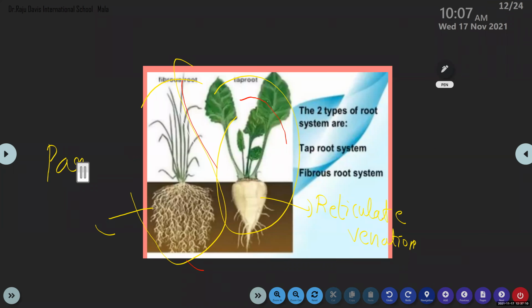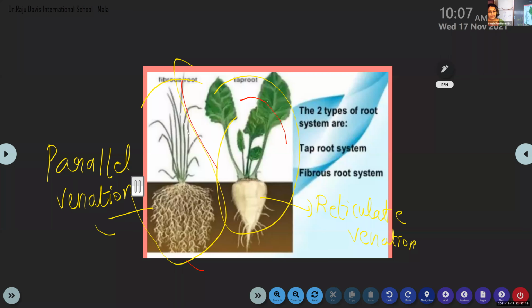Ma'am, the first one is parallel venation. The first slide, what you see, is the fibrous root system. That is under parallel venation, and the taproot system is under reticulate venation.